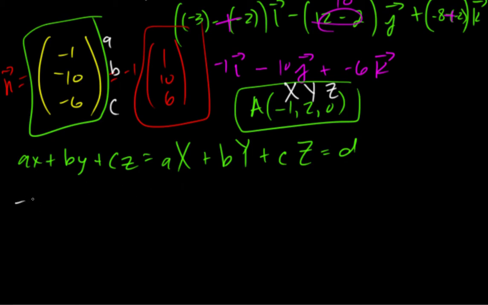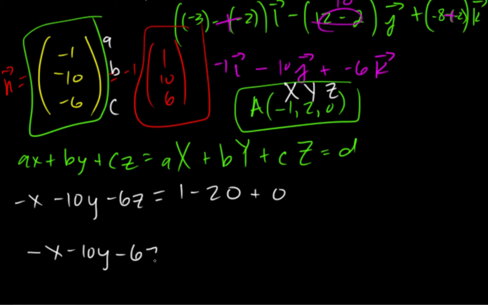So this is going to be negative x, negative 10 y, negative 6 z is equal to negative 1 times negative 1, which is 1, negative 10 times 2, which is negative 20, negative 6 times 0, which is 0. And so we get negative x minus 10y minus 6z. I used the negative ones even though I said I wasn't going to. That's okay. And then negative 19.